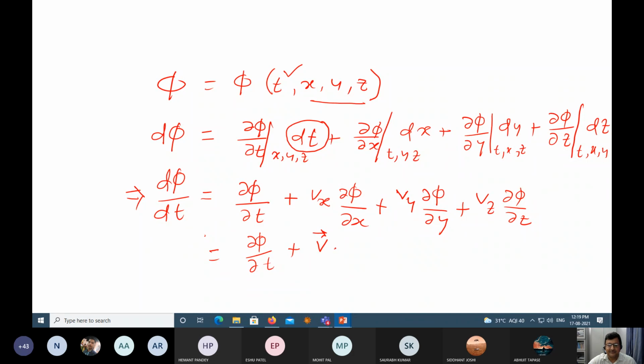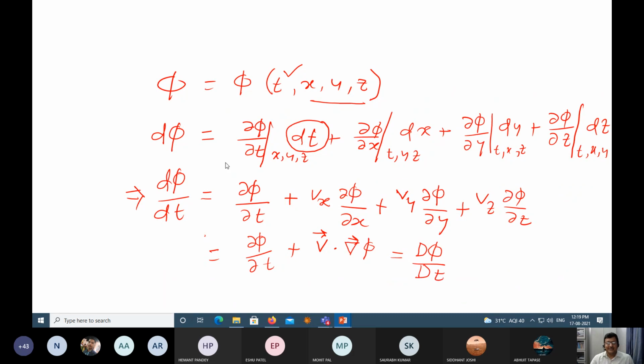Now I'm writing in the vector form, and then what will be the next term I have? Quickly, yesterday we derived gradient of phi. Gradient of phi. Fantastic. Gradient of phi, right? So this particular thing is called the substantial derivative, or d phi by dt.